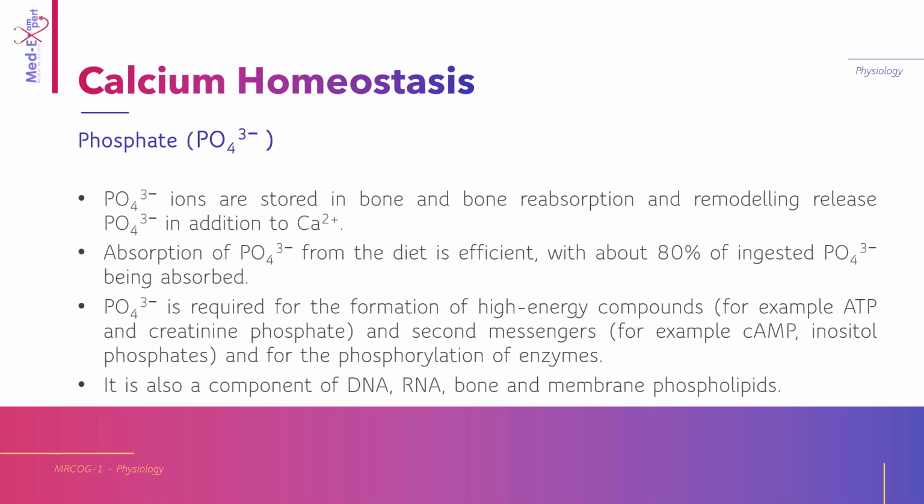This is actually a very important part in biochemistry, about the membrane phospholipids and the inositol phosphates, as they are part of secondary messengers. But of course, this is discussed in detail in biochemistry.